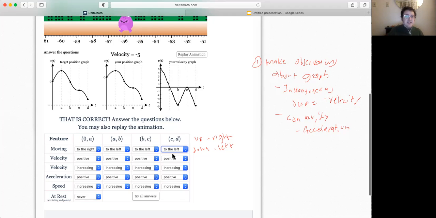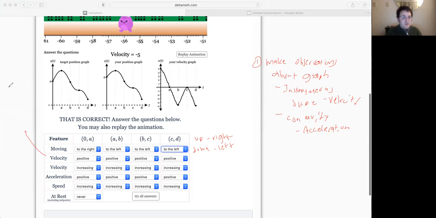Now for the velocity, I advise looking at the V of t graph. So we'll make a note here: V of t, if it is greater than 0, it's positive, and if V of t is less than 0, it's negative.